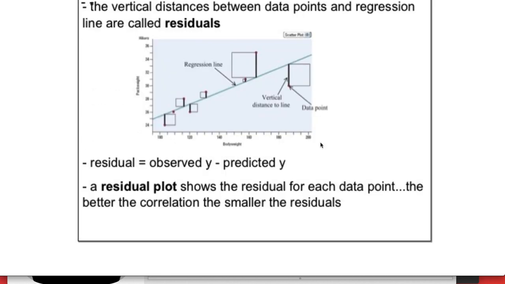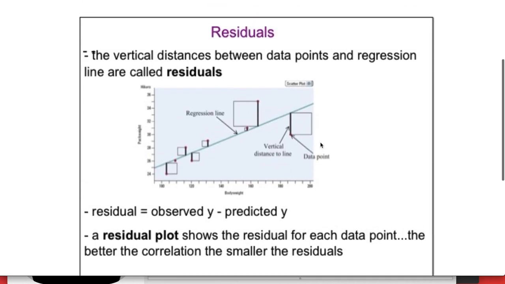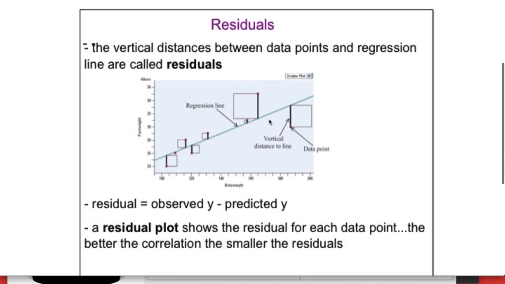Okay? And so if we look back at that example, just to go over what a residual is: the vertical distance between the data point and the regression line. Again, that distance is called a residual. These vertical lines that you see that I've bolded here, those are called residuals.